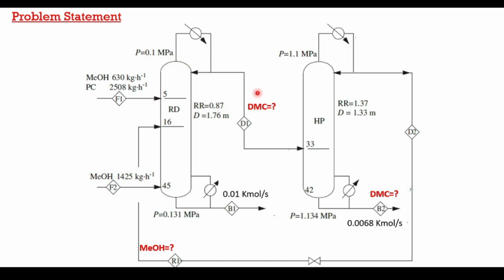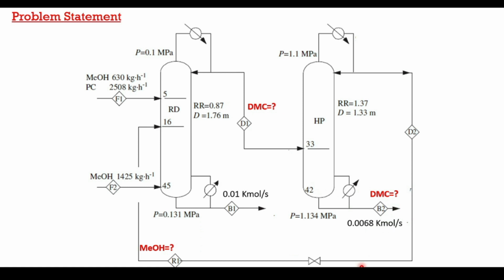From the top, dimethyl carbonate will be removed, and the bottom mainly consists of the second product, propylene glycol, and we have to find out the amount of dimethyl carbonate in the distillate of the first hour as well as in the distillate of the second hour. So this is the problem statement that we are going to solve in DWSIM.